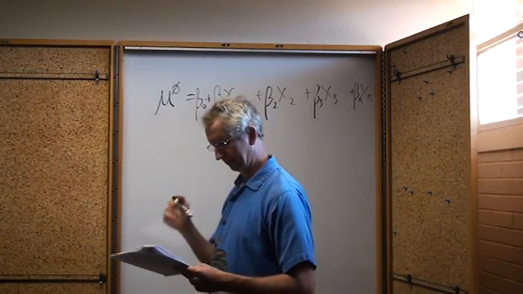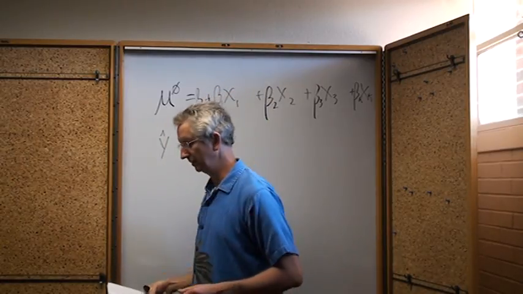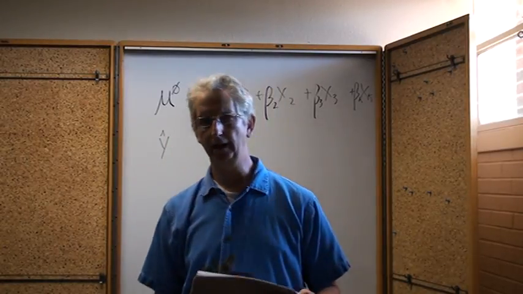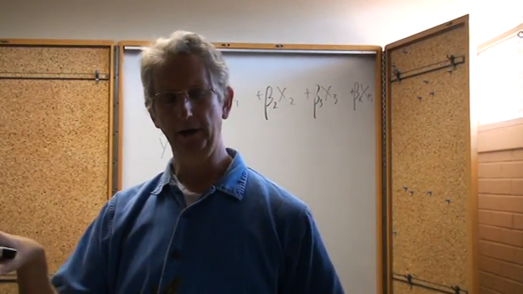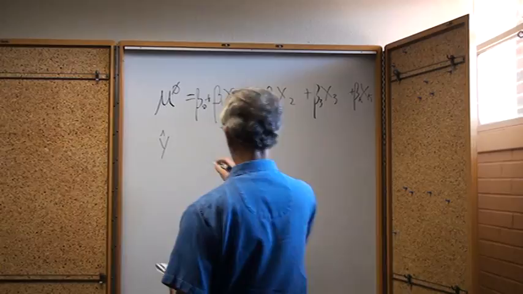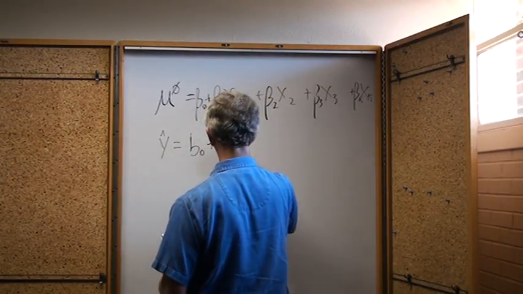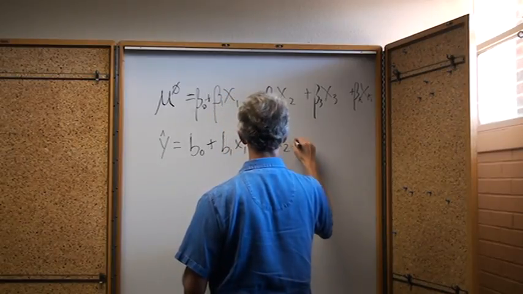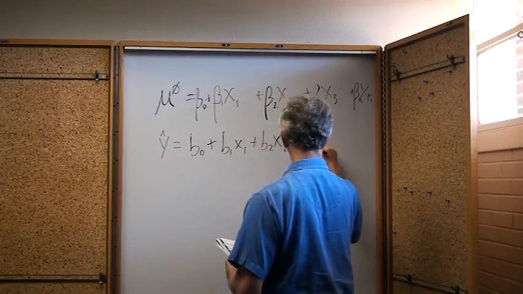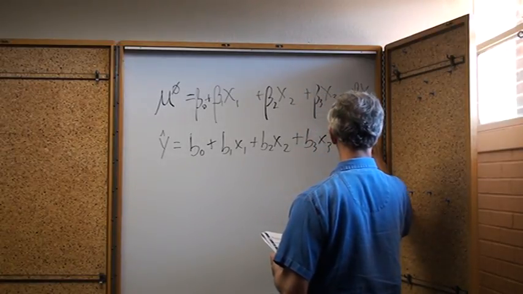And then when you're looking at the sample, then we use in the sample the predicted level of the dependent variable, which is denoted as y hat, is equal to the intercept plus b1 times x1 plus b2 times x2 plus b3 times x3 plus bk times xk.